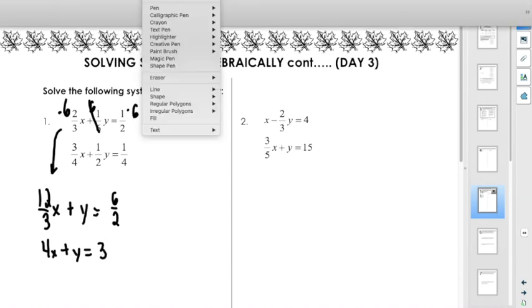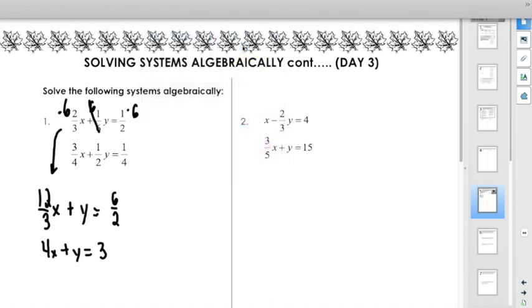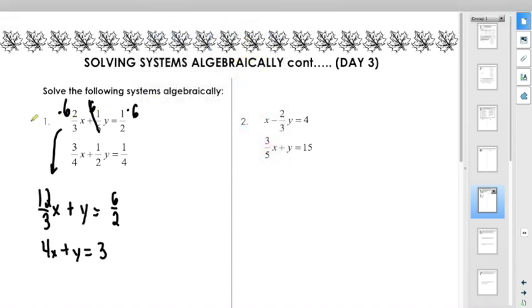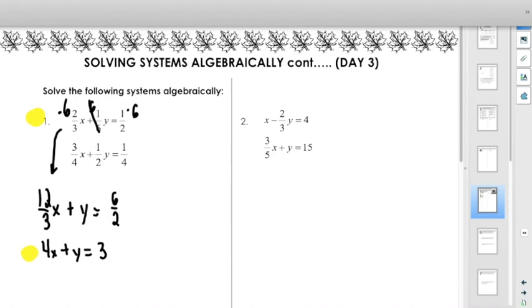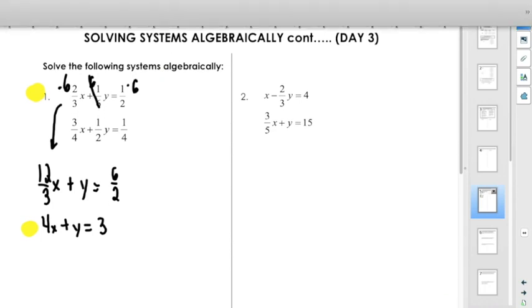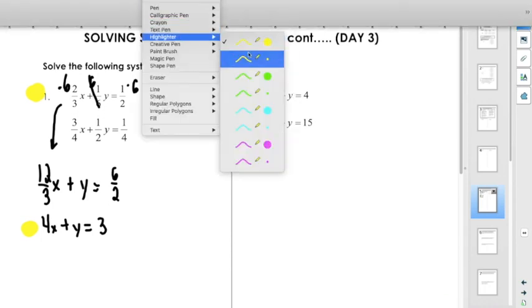Right? So all I did was simplify this first equation, and I'm going to highlight that here so you guys can see what this piece became. This became this, and I got rid of all the fractions. This became this.